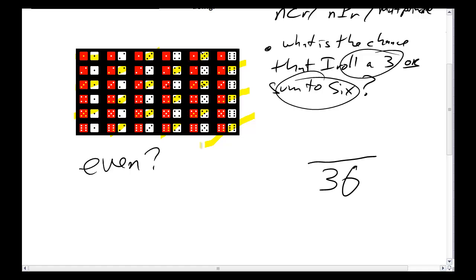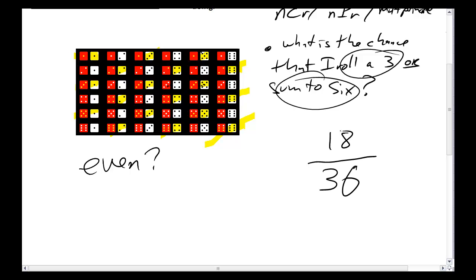So I can count up all those things that have been highlighted. 1, 2, 3, 4, 5, 6, 7, 8, 9, 10, 11, 12, 13, 14, 15, 16, 17, 18. I get myself 18 out of 36 ways that I can sum to an even number.